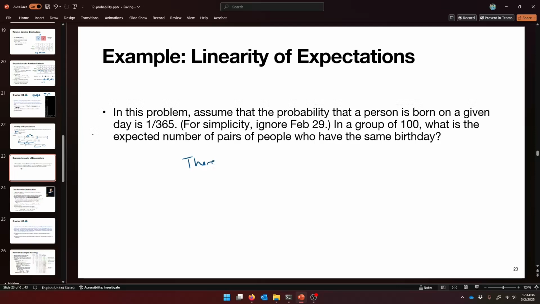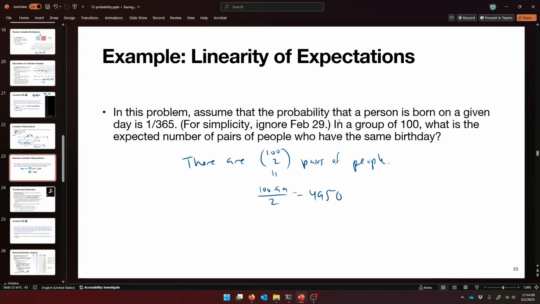There are 100 choose 2 pairs of people. We need that. And so what is that equal to? That's 100 times 99 over 2, which is equal to, I did the math ahead of time, 4950. All right, so we're going to need that in a second.